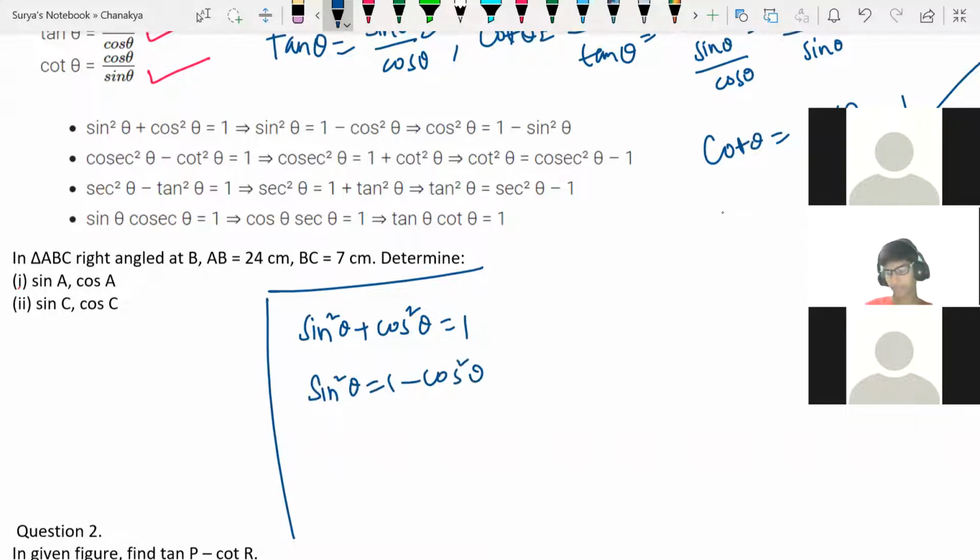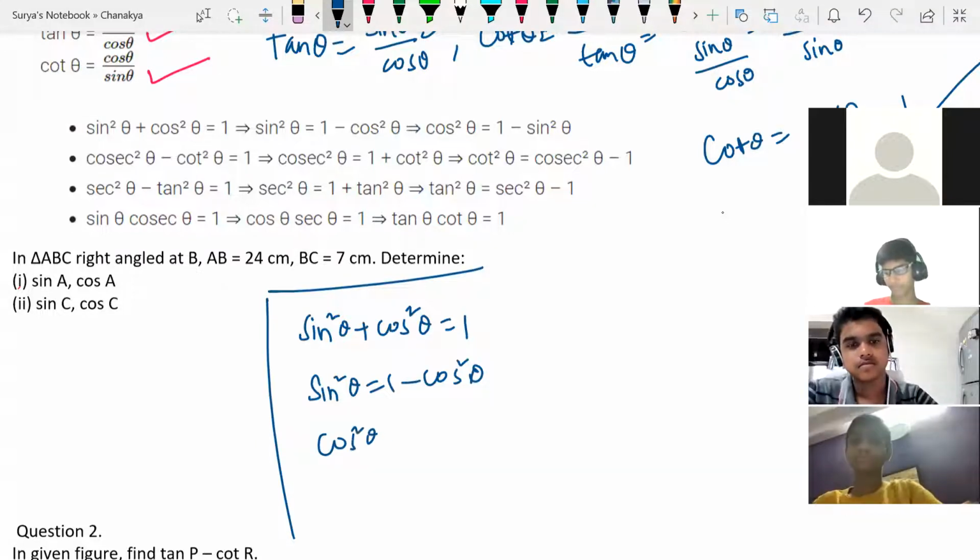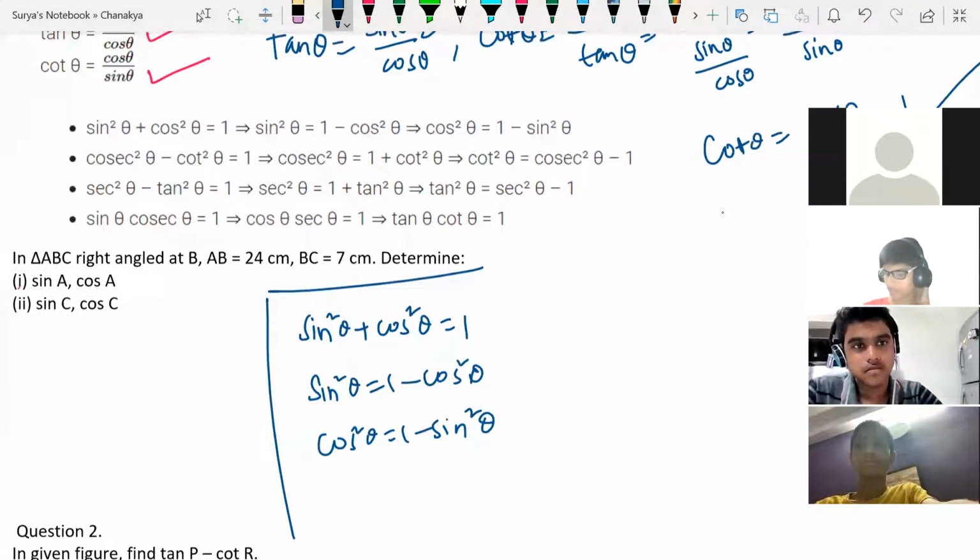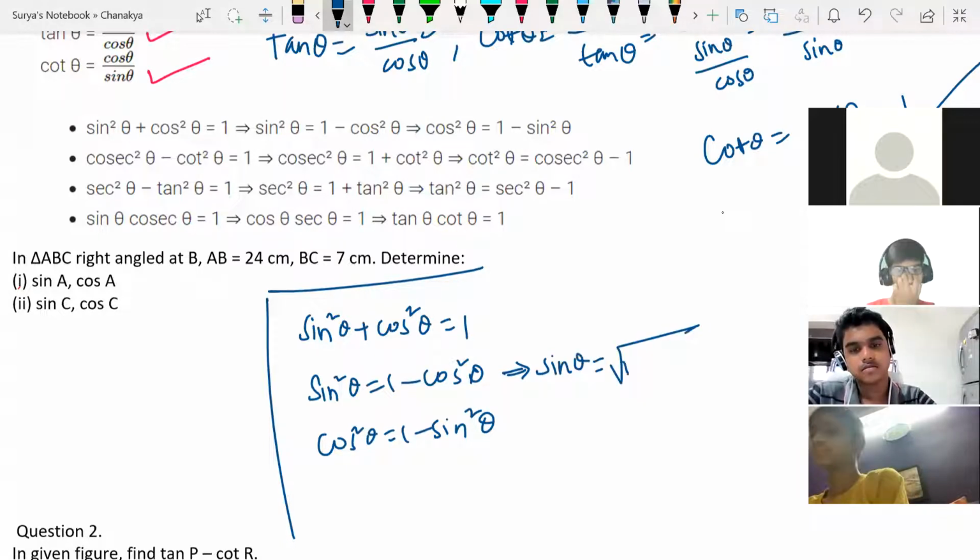Yes or no? Cos square theta is equal to 1 minus sin square theta. Can I write? Yes, sir. Now look at this here. Again, sin theta can be written as how? Square root of 1 minus cos square theta.